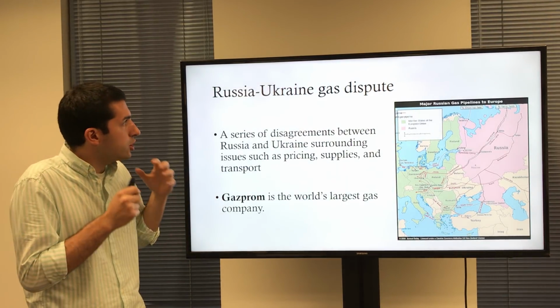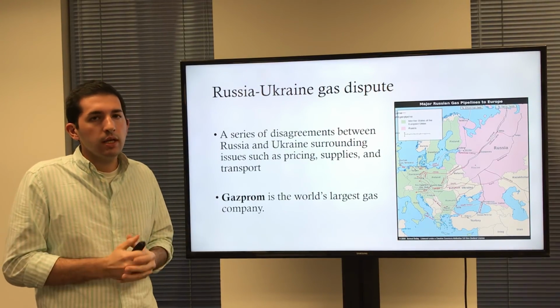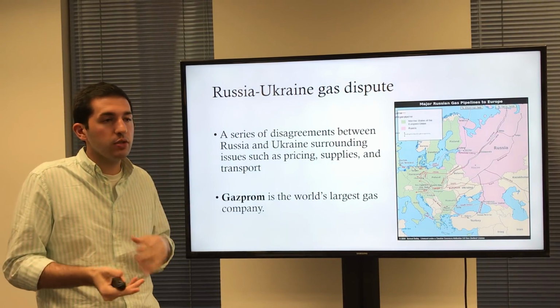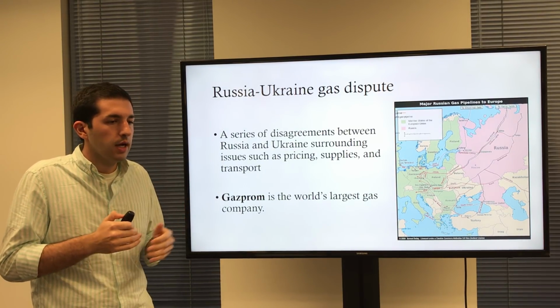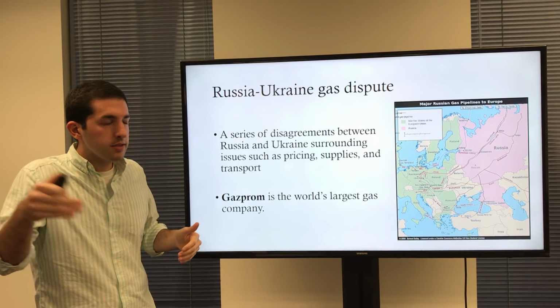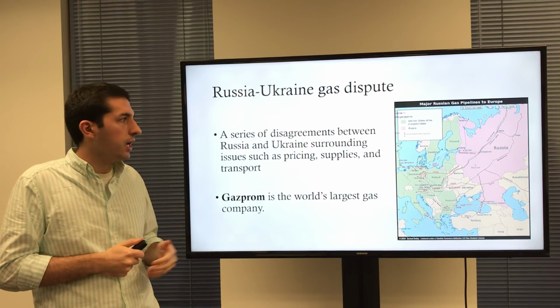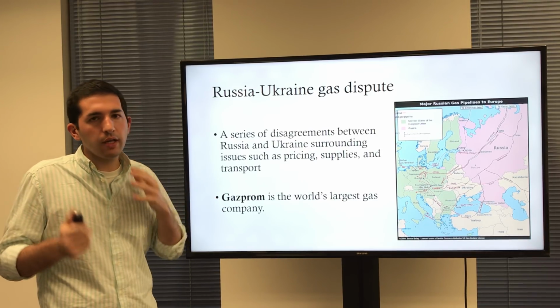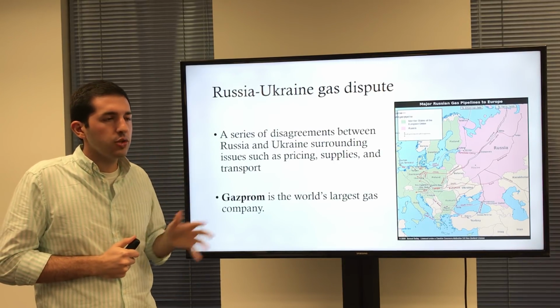Brings us to the Russia-Ukraine gas dispute. The dispute, but actually several different disputes, happening in the 1990s, dwelling into the early 2000s, in 2009, and then even some into the 2010s and beyond. Again, a series of disagreements between Russia and Ukraine, and really issues surrounding, obviously, gas, but in terms of its pricing, its supply, and its transport.